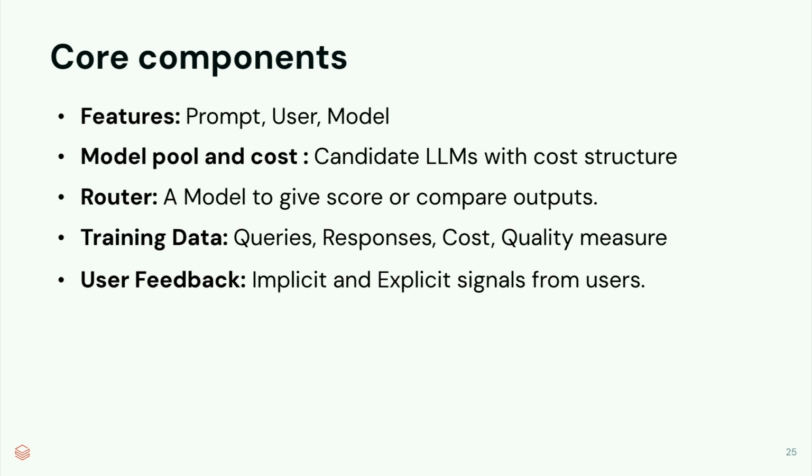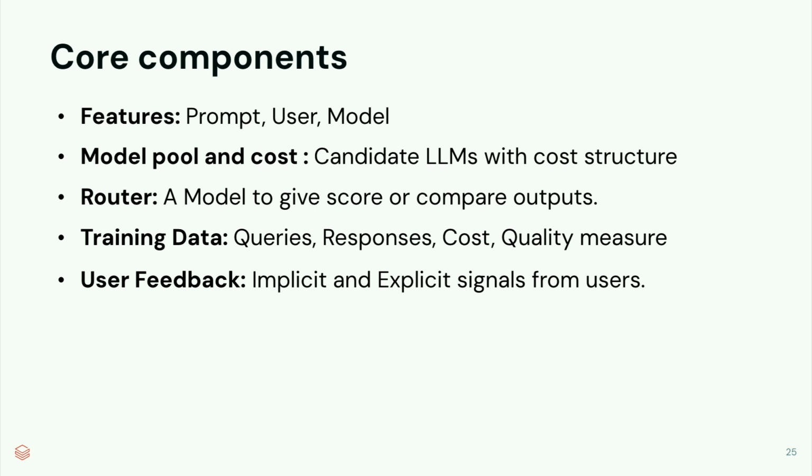Then there is the model pool, basically all the candidate models that we want to consider for routing, and a router, which is an intelligent black box system that can figure out, given this prompt, the best response configuration and the best LLM to pick from everything. And then the training data, which is how we train this model, related to what we talked about earlier with the word-based classifier or semantic routing or any category.